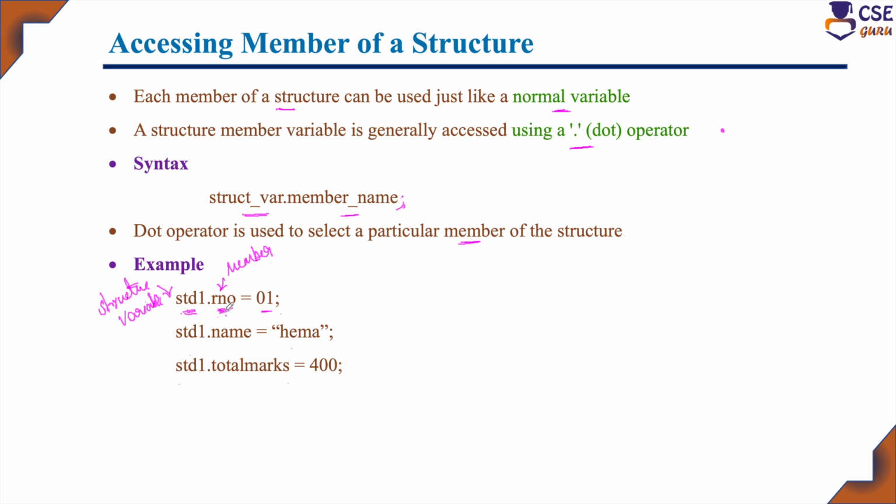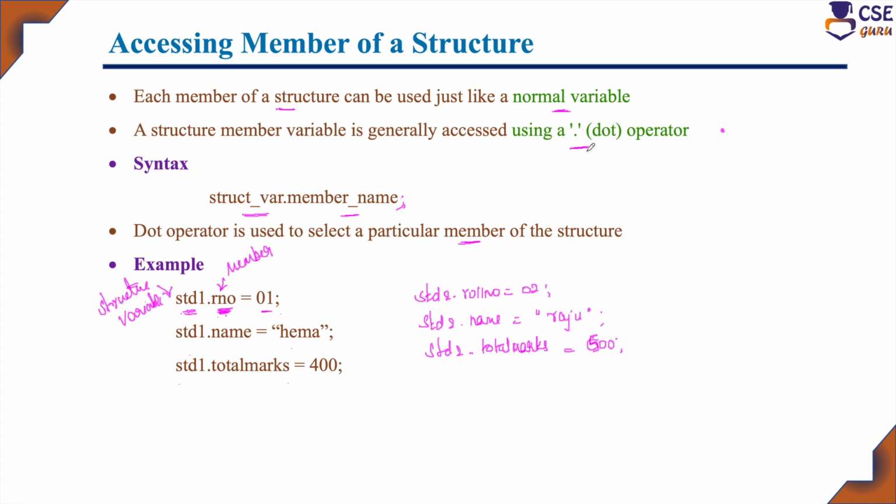Usually we would use only the variable name, roll number, but here, since we are using a structure, we should add the structure variable name also. If you want to access student 2, student 2 dot roll number equal to 02, student 2 dot name, student 2 dot total marks. Likewise, you can specify.